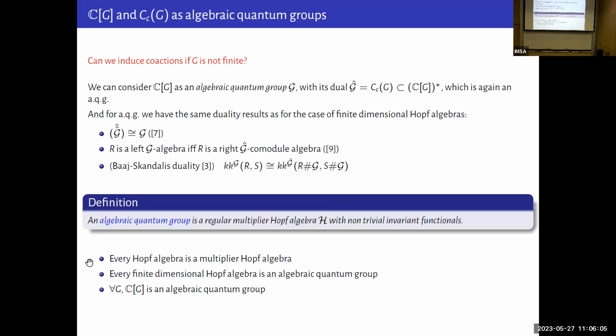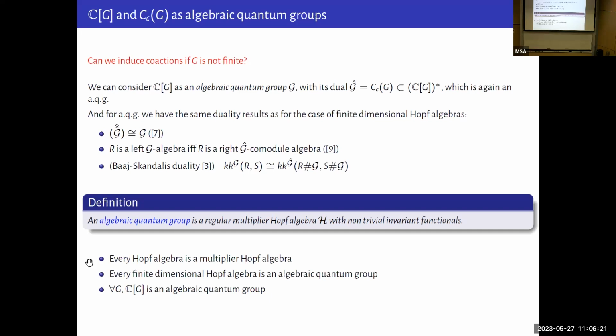So, what is an algebraic quantum group? It's a regular multiplier Hopf algebra with non-trivial invariant functionals. I will explain what a regular multiplier Hopf algebra is and what an invariant functional is.